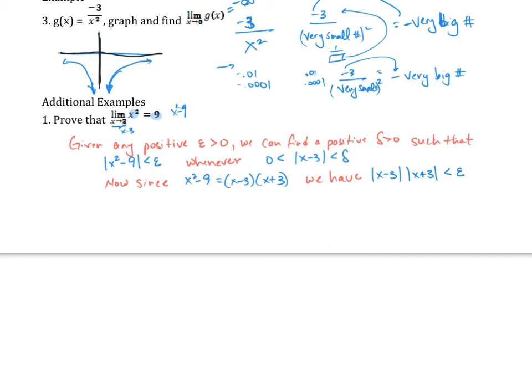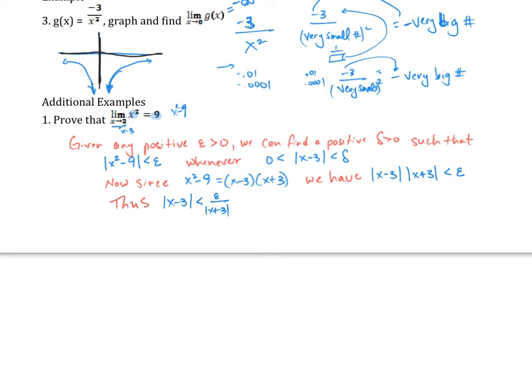So what I can do is say, thus, the absolute value of x minus 3 is less than epsilon over x plus 3. Now I can drop the absolute value for this one because it's got to end up being positive.